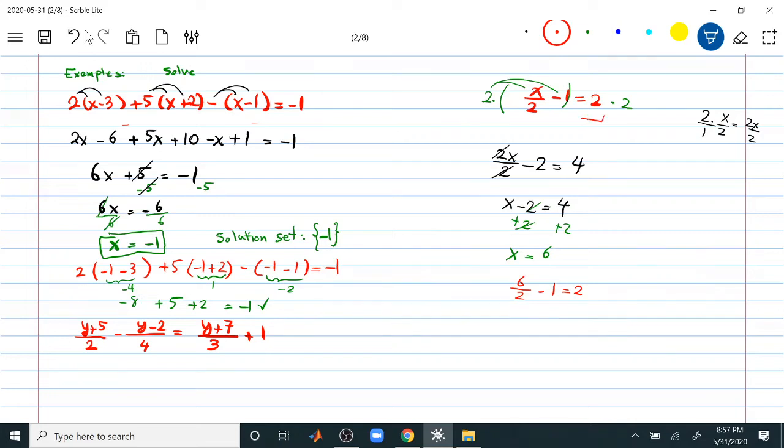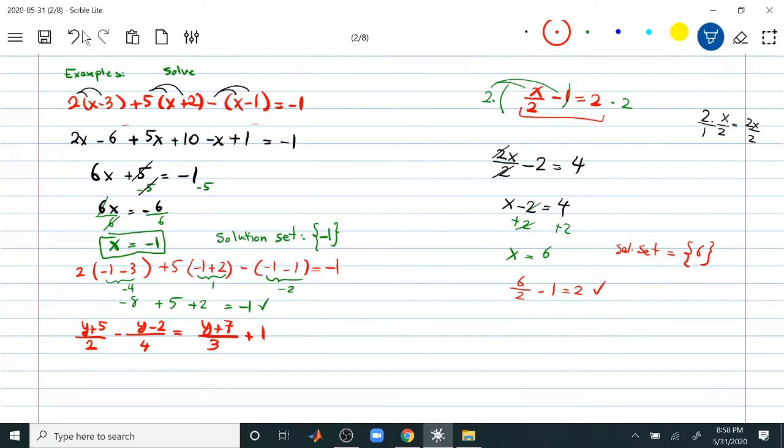And it satisfies this equation. This is a true statement. 3 minus 1 equals 2. Therefore, our solution set is 6.